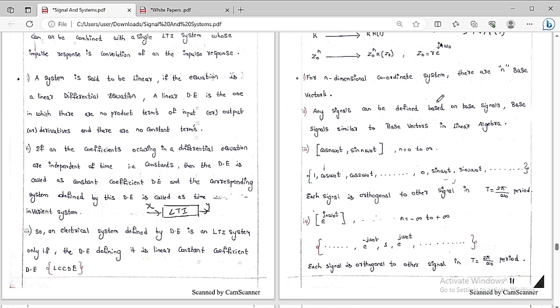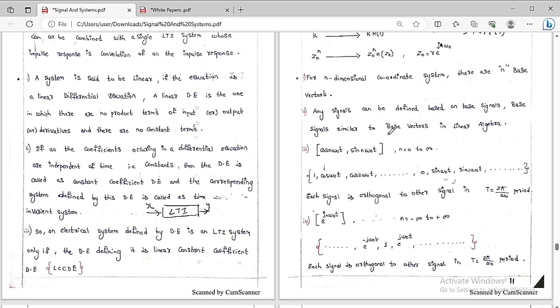Similarly, with the help of base signals, we can represent any signal in the signals and systems course. So with the help of base vectors, we can represent any vector in the coordinate system, and with the help of base signals, we can represent any signal that we want. So base signals are similar to base vectors in linear algebra.